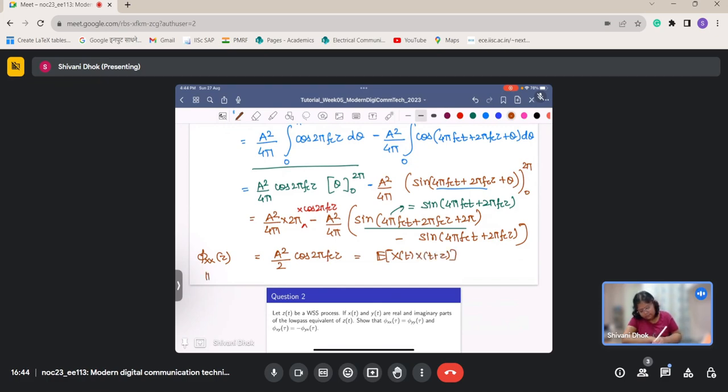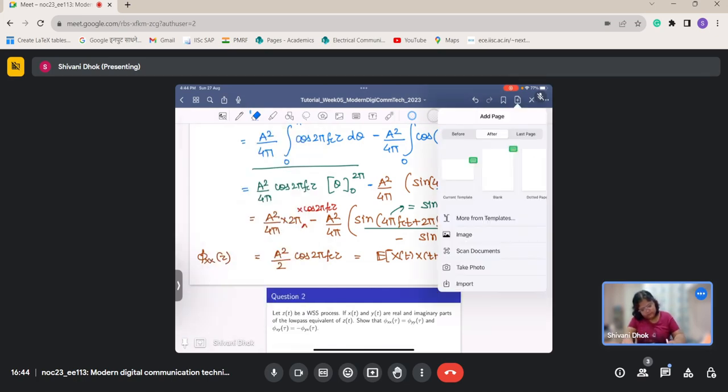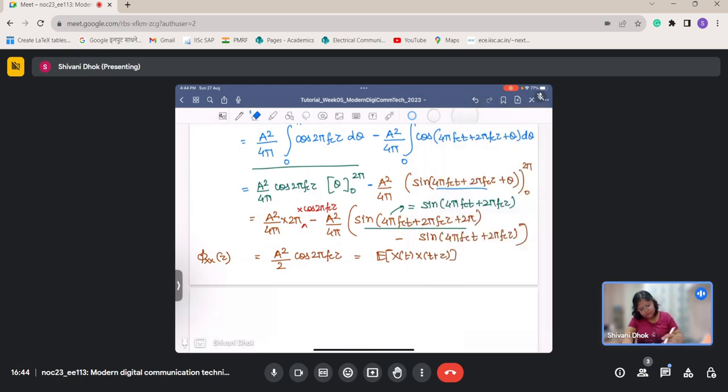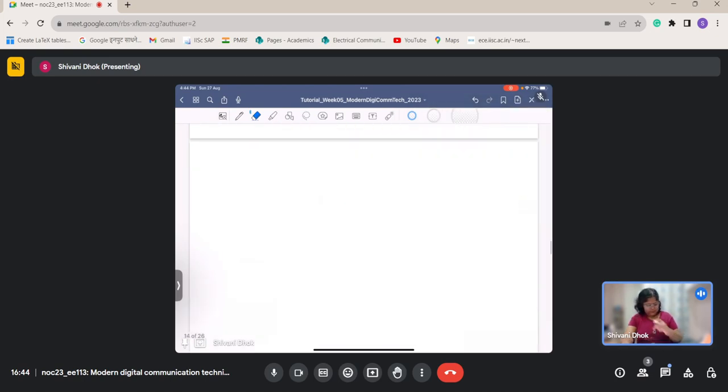So this is the autocorrelation which we have found, and the next thing that is asked of us is whether it is a WSS process. So now let us find the expectation of x(t).